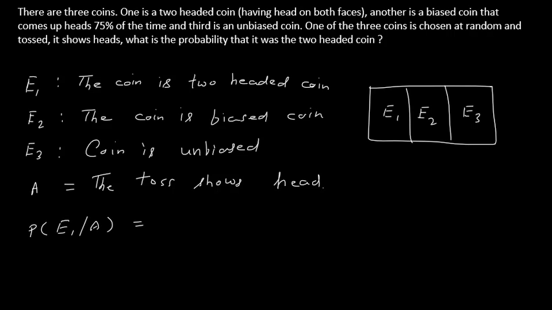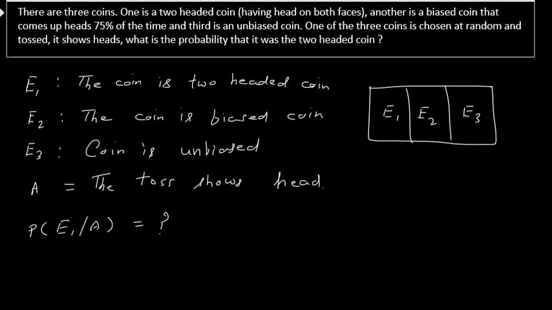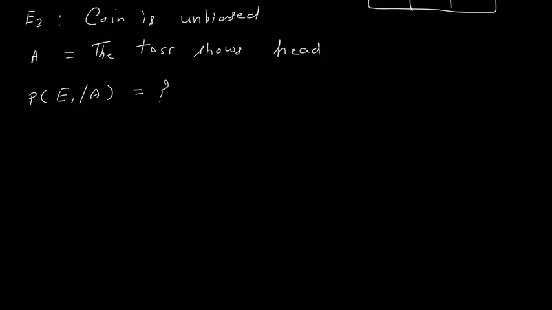This is our question mark. Now the probability of E1 is the same as the probability of E2, is the same as the probability of E3, which equals 1 by 3. Selecting any of the coins has the same probability 1 by 3.